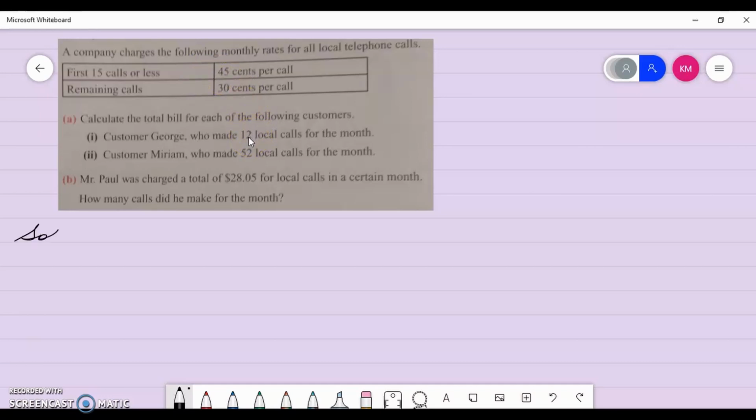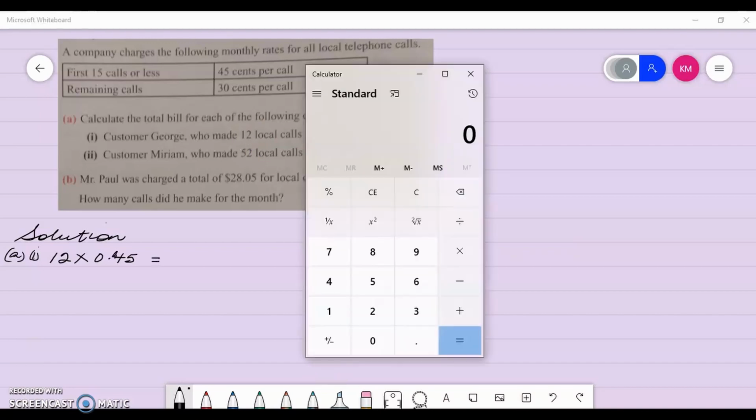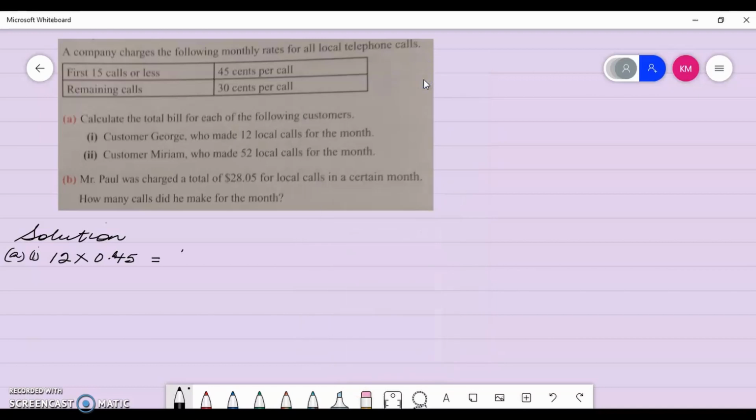So I'm going to write my solution here. Number 1, that's A. So I'm going to multiply 12 by 45 cents because it's 45 cents per call. And that is going to give me $5.40.